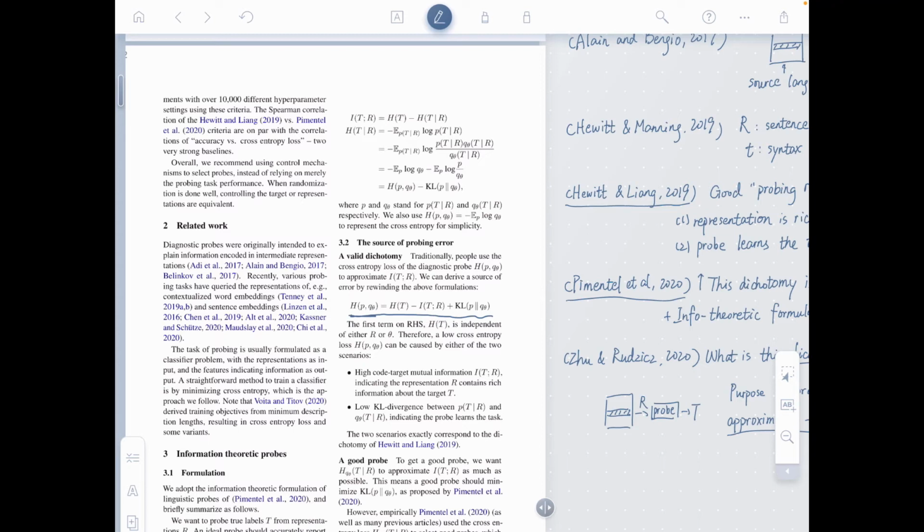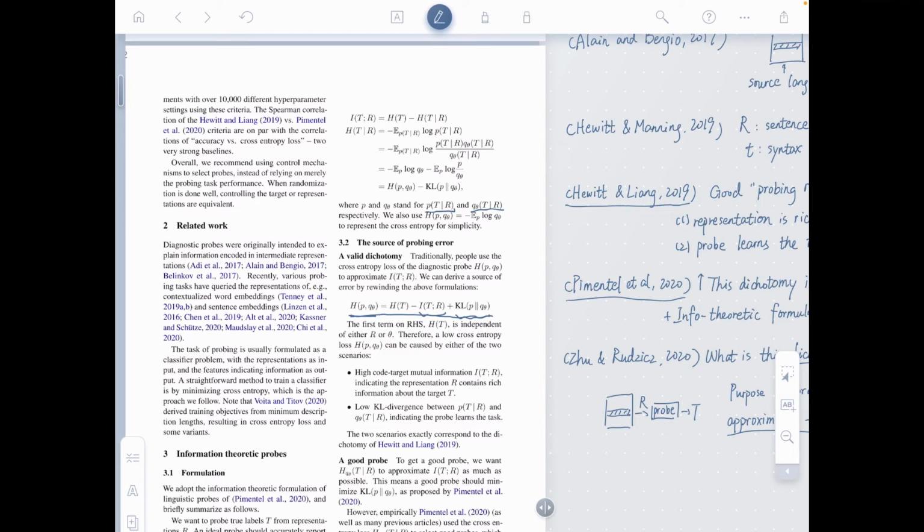If we observe a low cross-entropy loss, it is likely that we either have a high mutual information of the code and target, or we have a low KL divergence between P and Q. Here, P and Q are the distributions of the target given the representations.